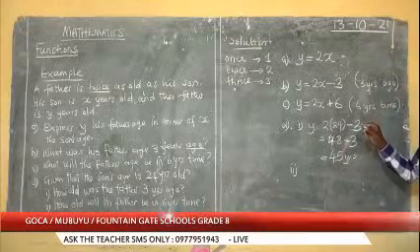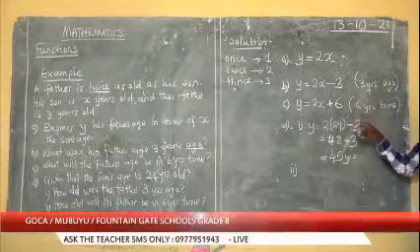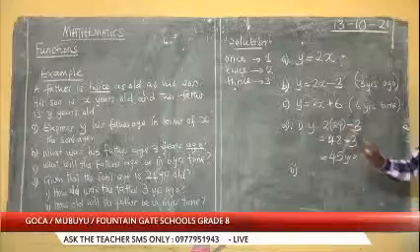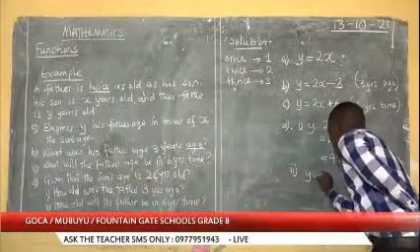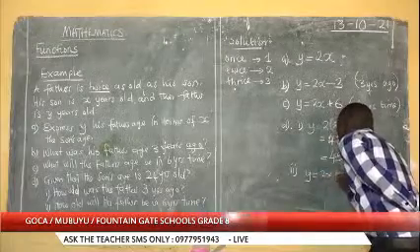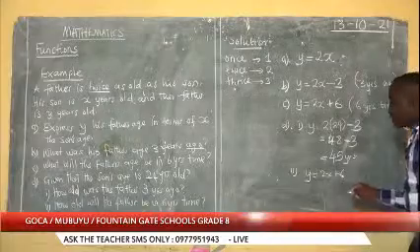Since we know the age of the son today, where there is x we replace it with 24, which is in the question. So y is equal to 2x plus 6, and the value of x is 24.